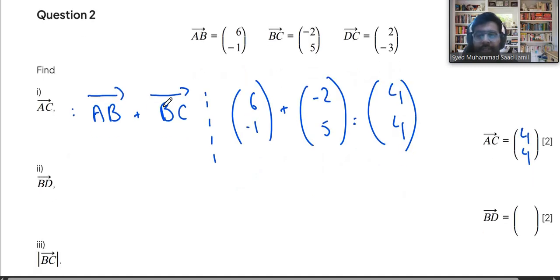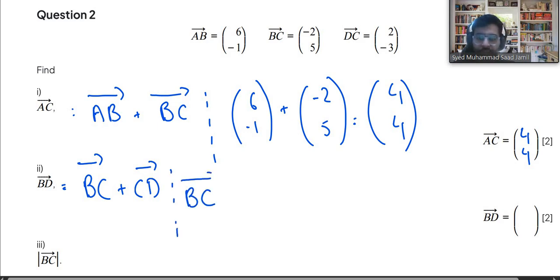Alright, the next question says find the column vector BD. Now look, BD actually means BC plus CD. However, since we do not have CD, we have DC, so this will become BC and we will subtract DC from it.